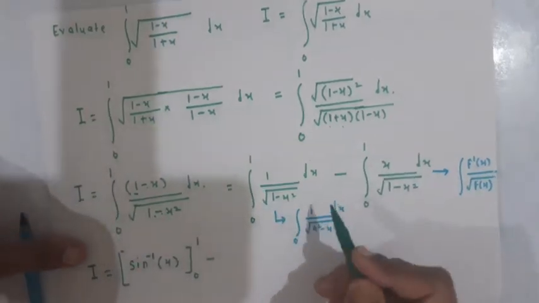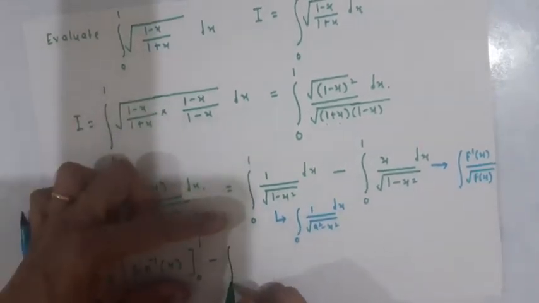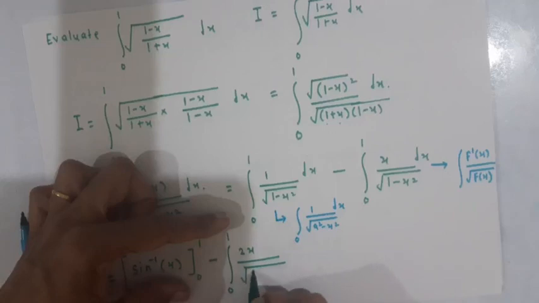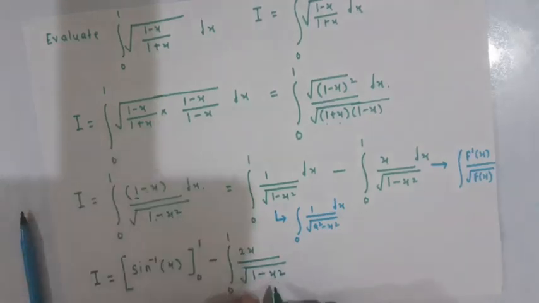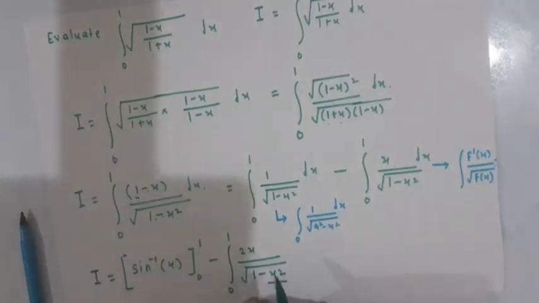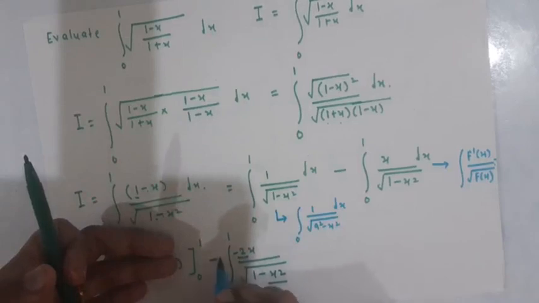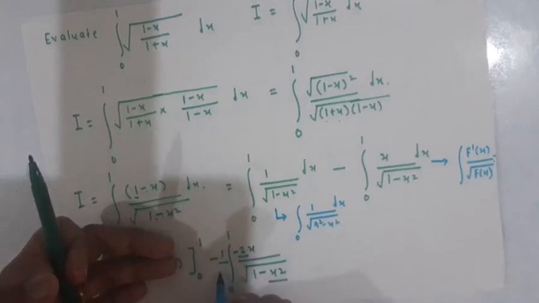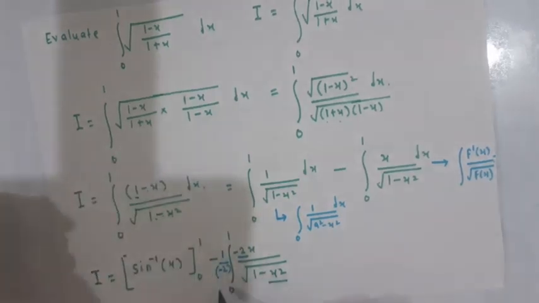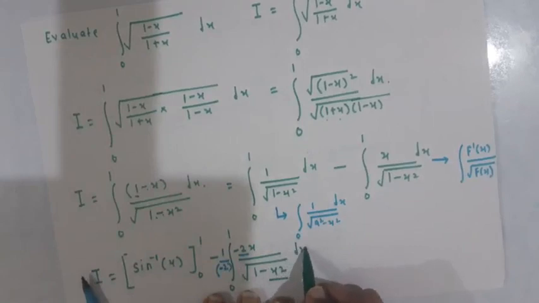Okay, we will get ∫ from 0 to 1 of 2x/√(1 − x²), but the differentiation is −2x, that's why we adjust −2x. As we multiply here by −2, we divide here by −2, so the factor is 1/(−2), with respect to x.